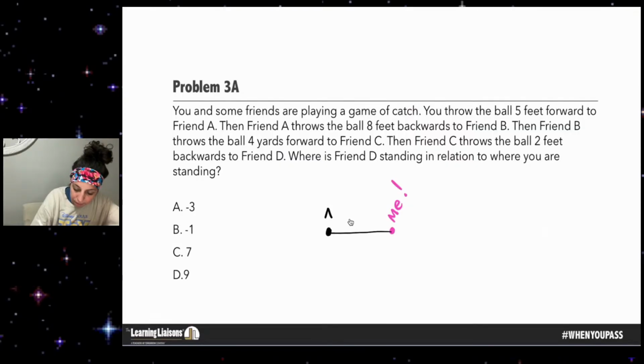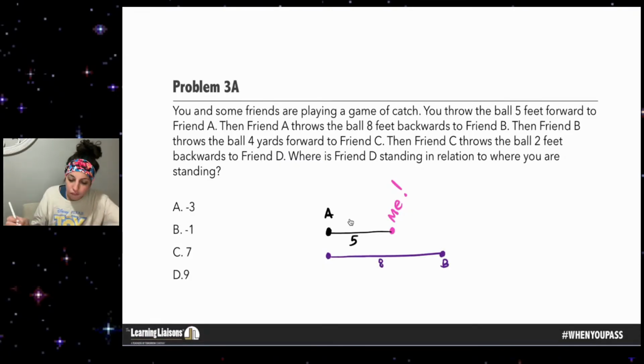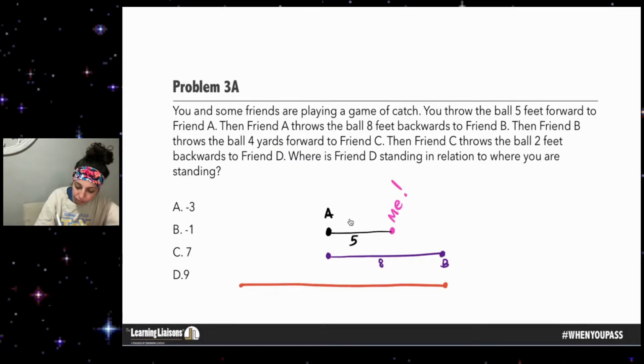Here's A. Friend A throws the ball 8 feet backward to friend B. So now this is still A, but I'm going to do different layers. 8 feet backward to friend B. Friend B throws the ball 4 yards forward to friend C. You're like, whoa, how is 4 bigger than 8?